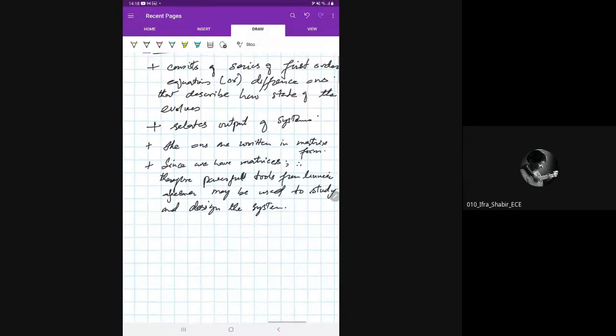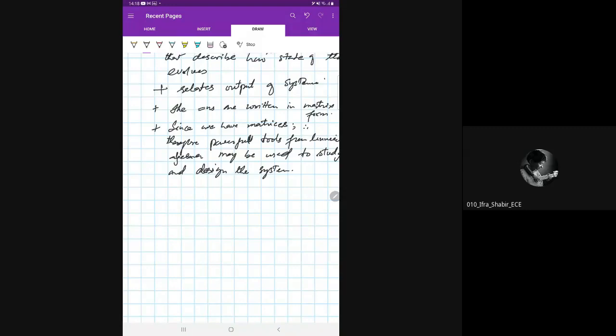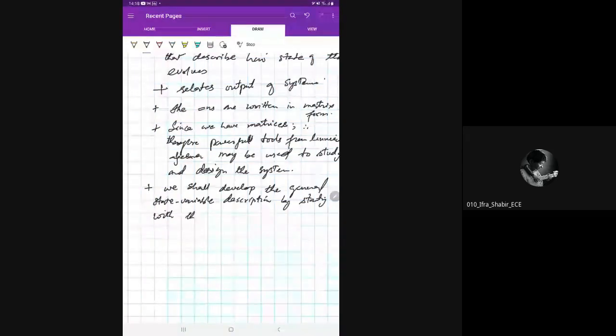For now, we will take a general system and we'll develop state equations for that. So we shall develop for now the general state variable description by starting with the direct form second. हमने direct form second देखी है.